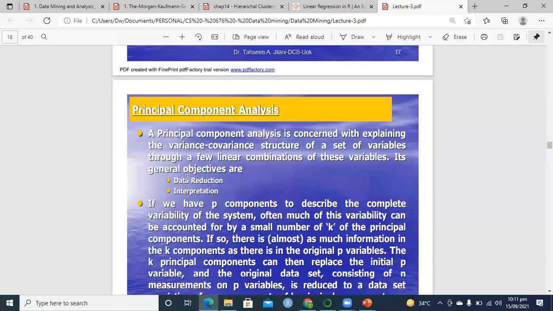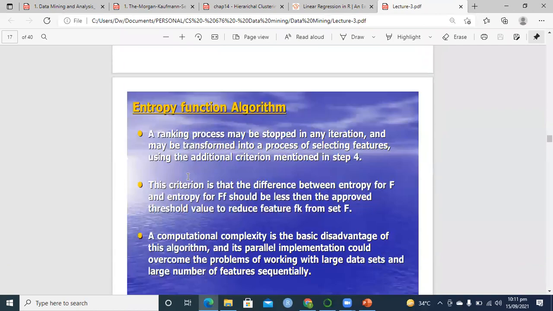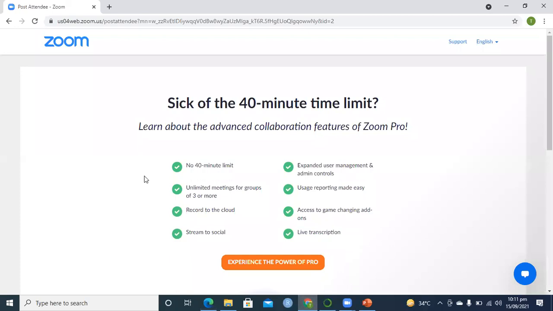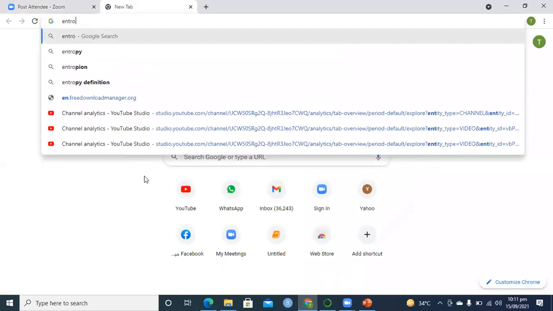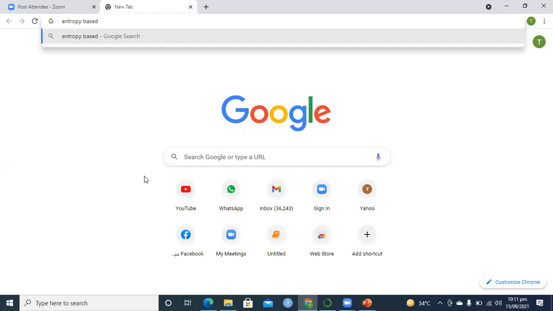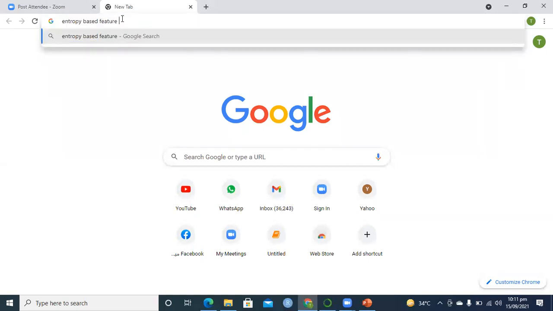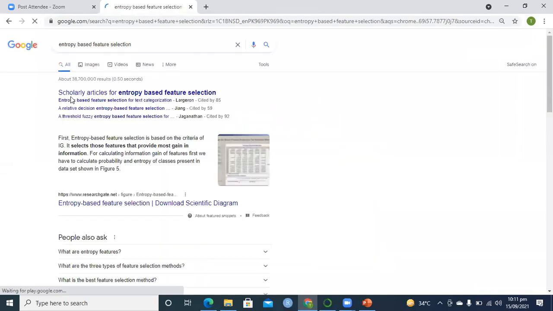These methods are very old. Maybe they were developed in the 70s or 80s. So it is quite old, but it can still be used. For example, entropy based feature selection, and it will give me a bunch of many different methods as well.